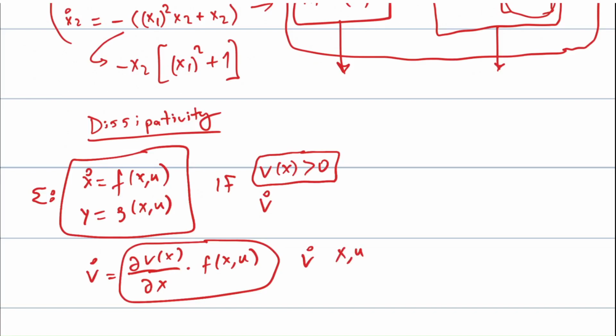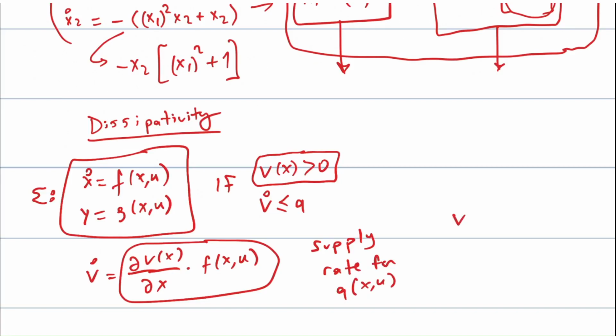V dot is a function of x and u, not just x, because this is not an autonomous system. That was the previous video topic. V dot is less than or equal to q, which is called the supply rate function q.